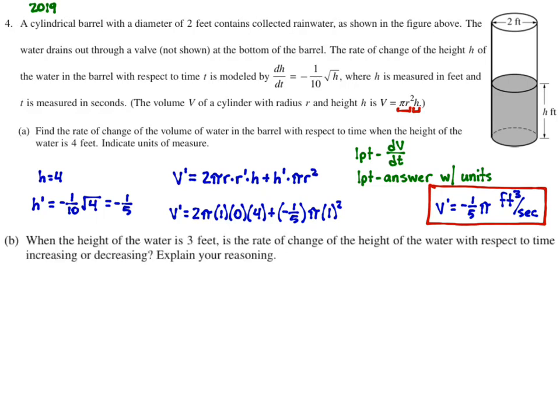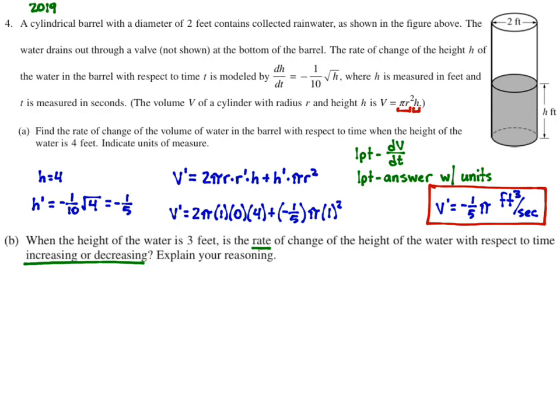For part B, it says, when the height of the water is 3 feet, is the rate of change of the height of the water with respect to time increasing or decreasing? Now this is interesting. We've done a couple problems like this, but notice it is asking for whether the rate is increasing or decreasing.